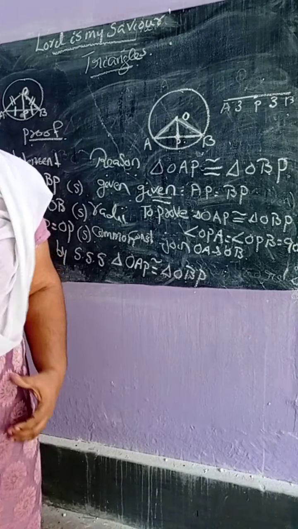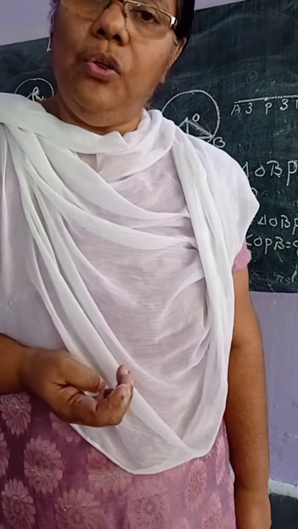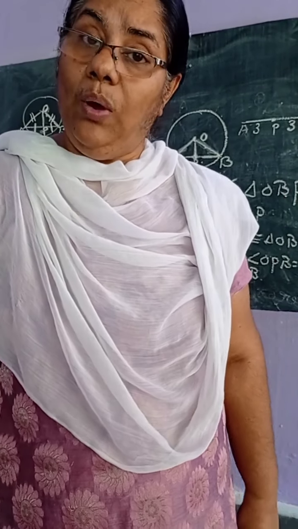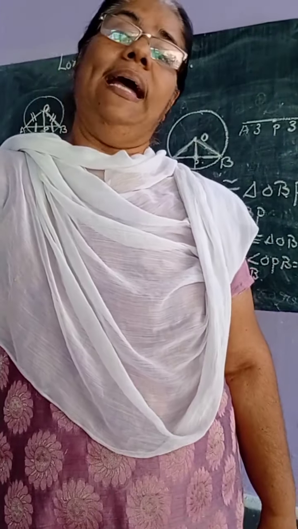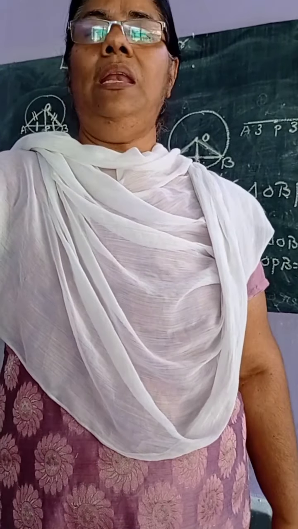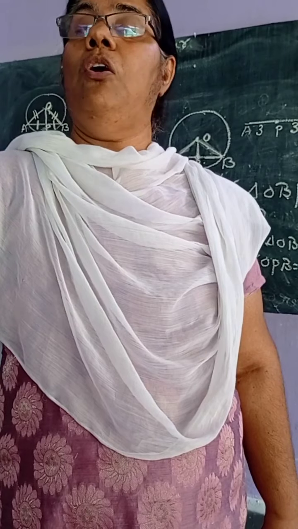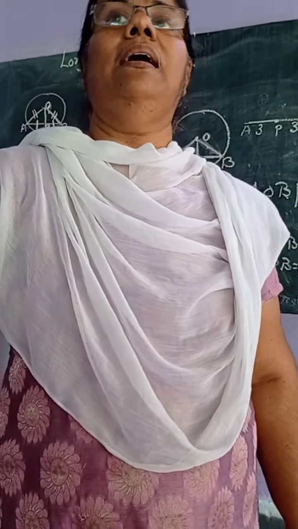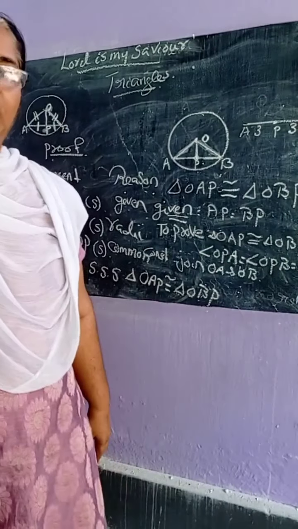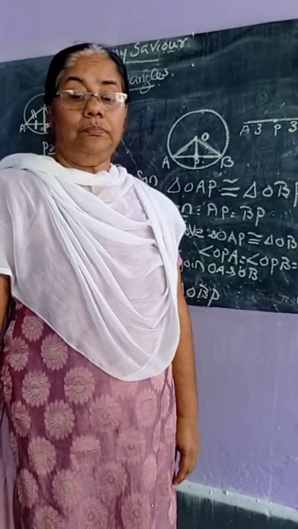Now listen, if two triangles are congruent, corresponding sides are equal and corresponding angles are equal. Understand? Keep in mind that point.